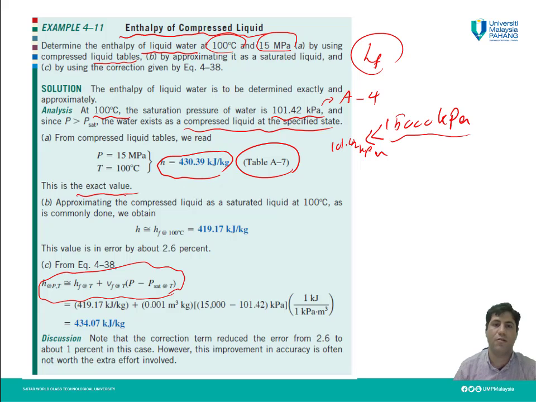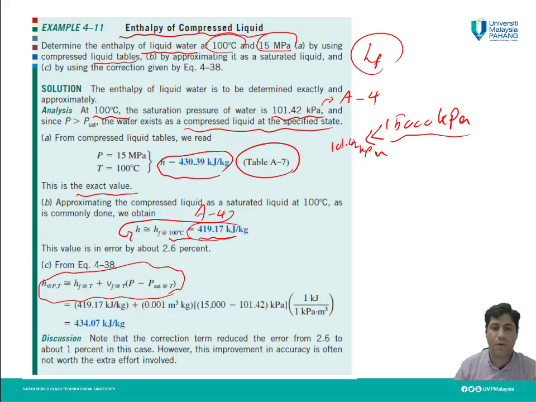This is the exact value. In part B, we are going to approximate this as a saturated liquid. If you go to table A4, you will find HF, the saturated enthalpy of water at this temperature, and we just take this value as the enthalpy for the compressed liquid as an approximation, which is 419.70 kilojoule per kilogram.